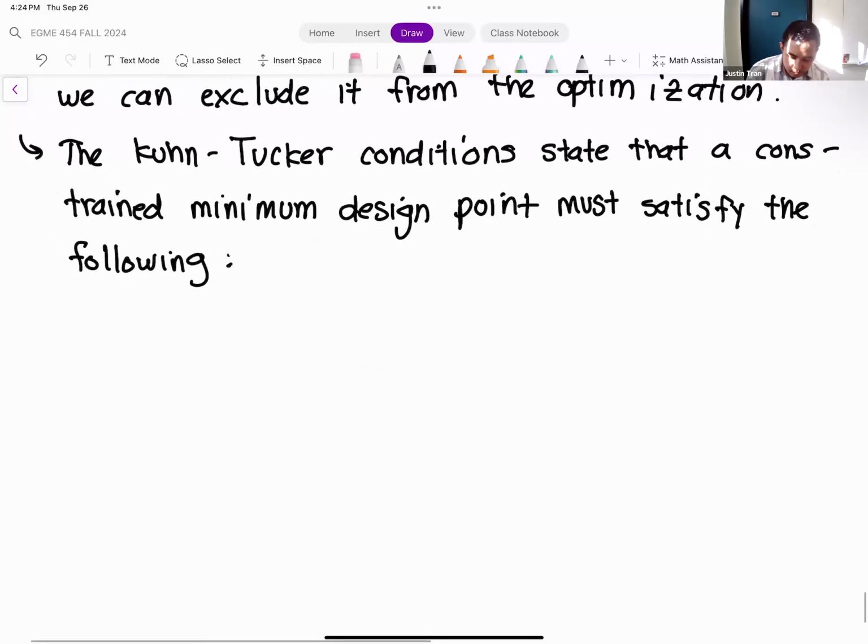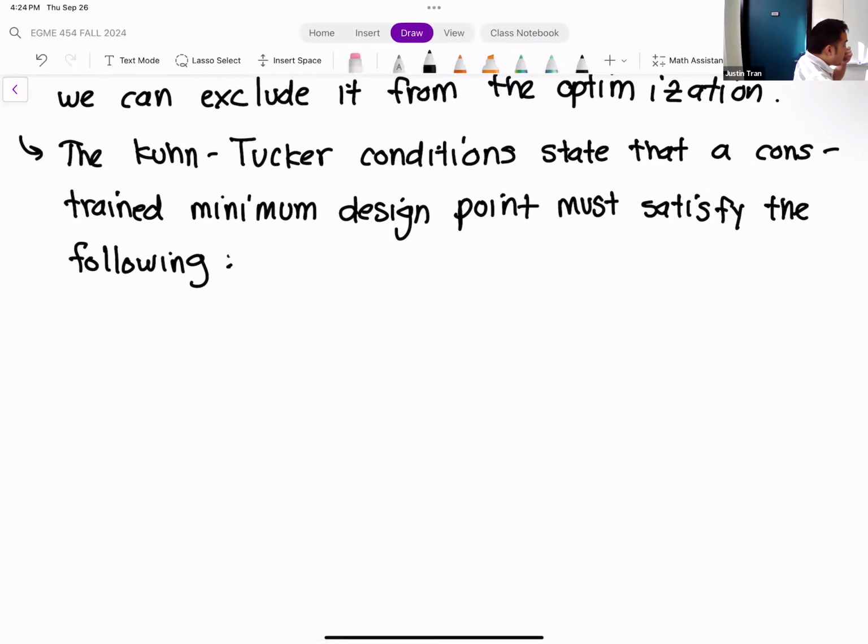In these equations, I'm going to use the typical nomenclature that we've used up to this point. So f is going to be our objective function, x are our design variables, and g's are going to be all of our constraints.